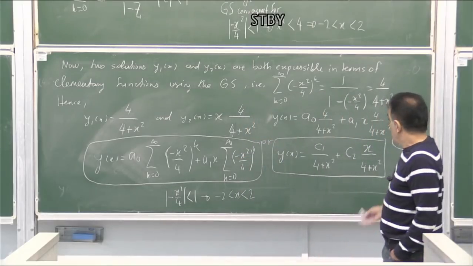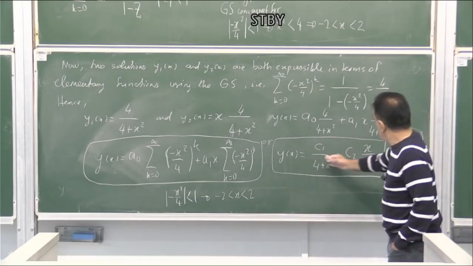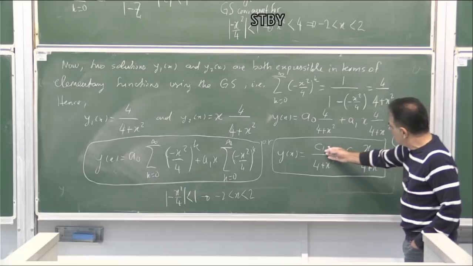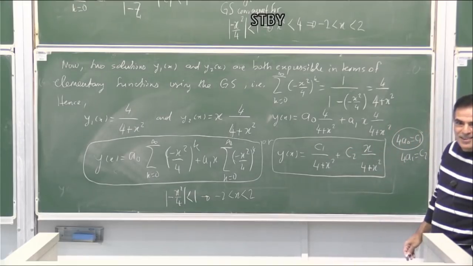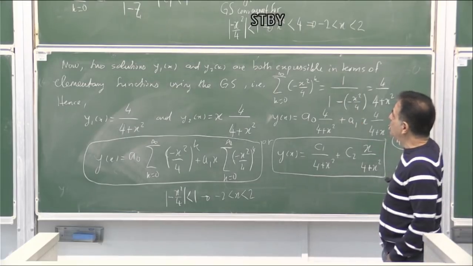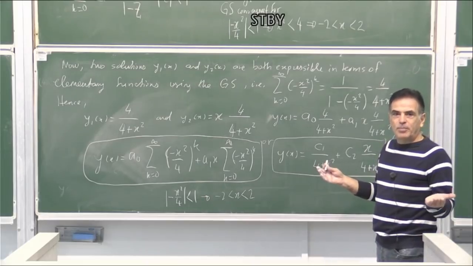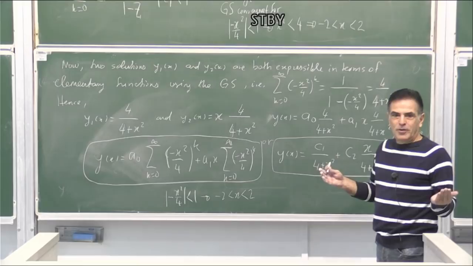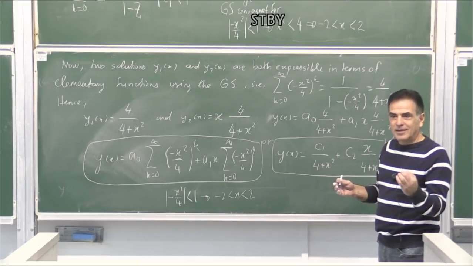Okay? But when you write this series, we take the sum of the series. Now looking at these two solutions, they are valid everywhere. Good? And actually, from the differential equation, since there is no singular point at a real point, okay?